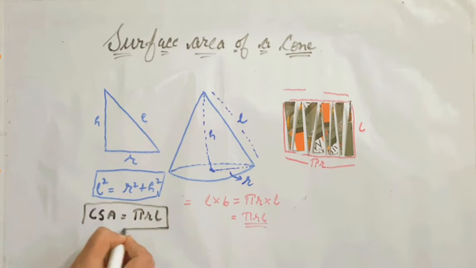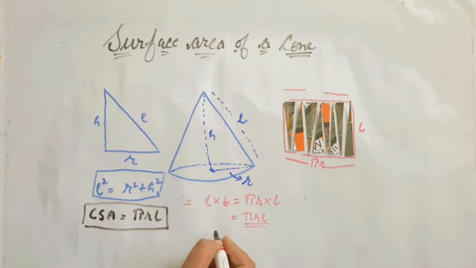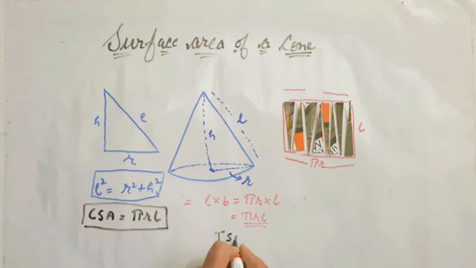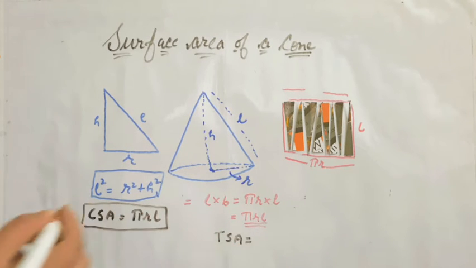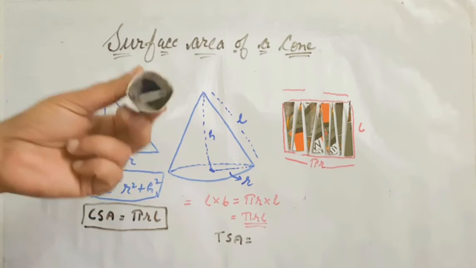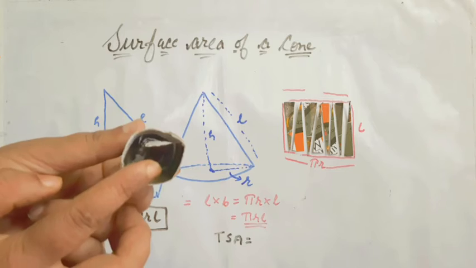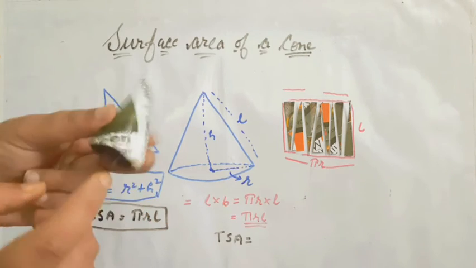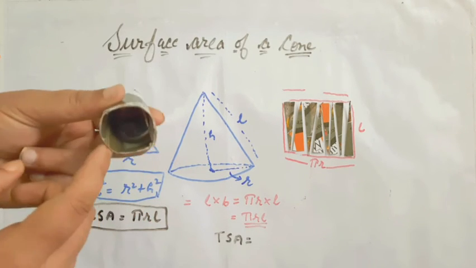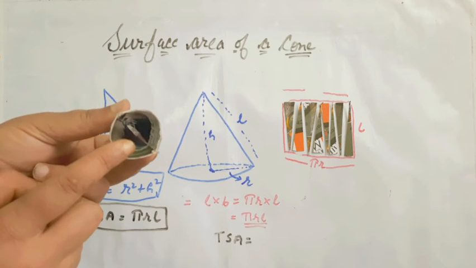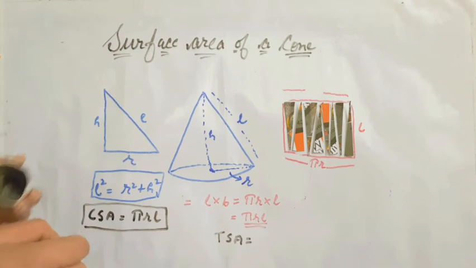Now, if we have to find the total surface area, what do we need to do? We need to close this cone. You can see it is still open from the bottom. To find its total surface area, we need to close it from the bottom.